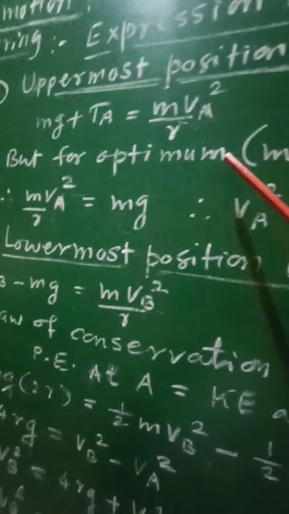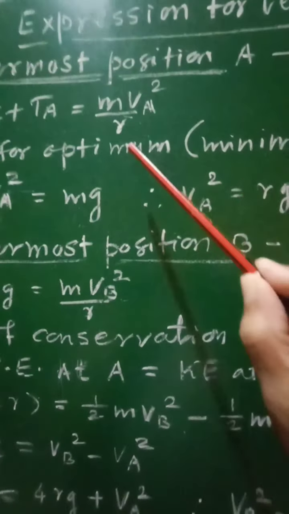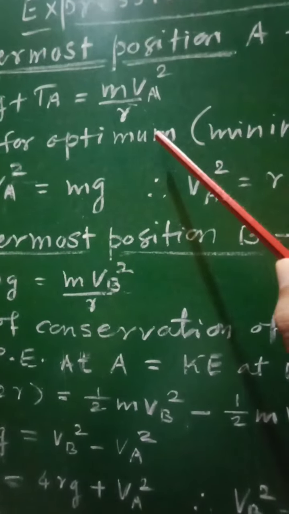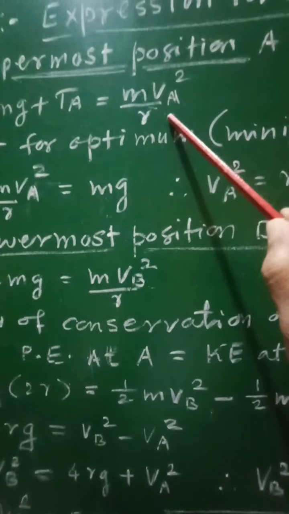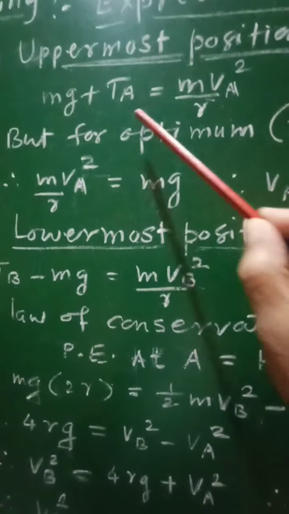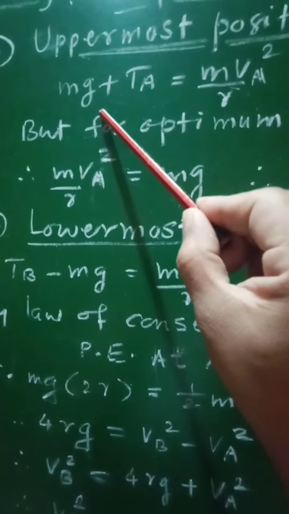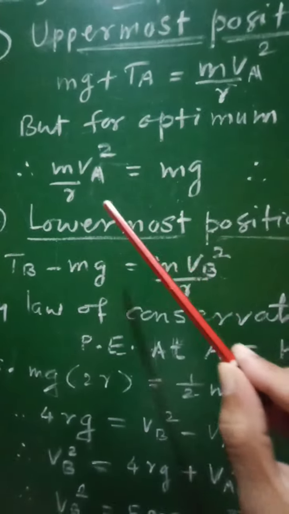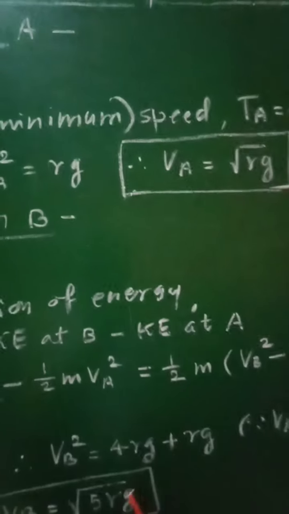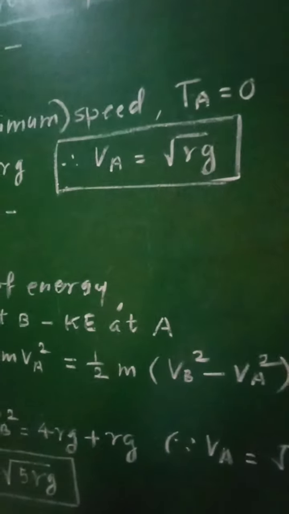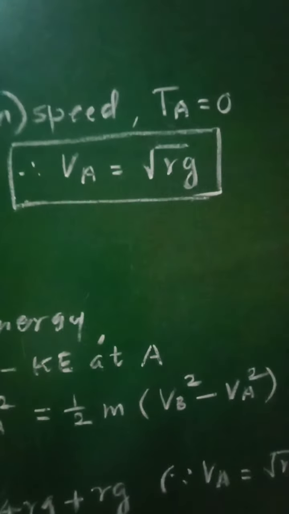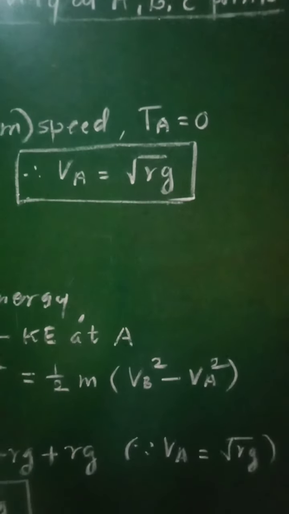Therefore we can write mg plus TA equal to m VA square upon r. This term will represent centripetal force and will be provided by the sum of mg and TA. But for the minimum speed of the bob at position A, TA will be equal to 0.